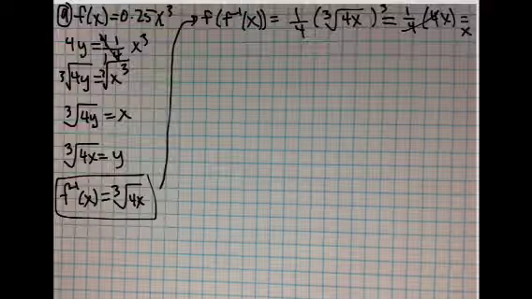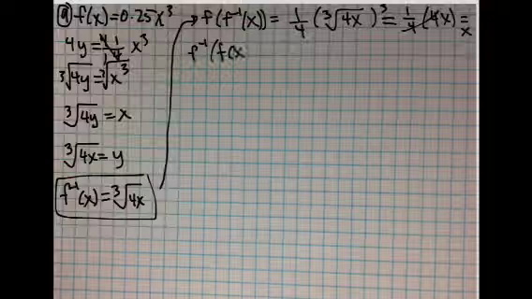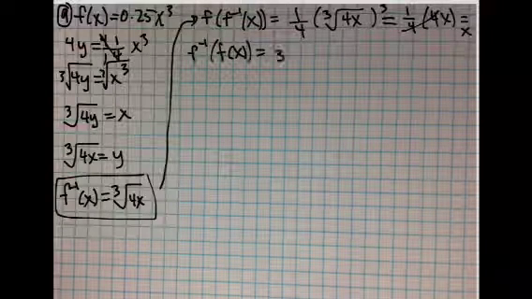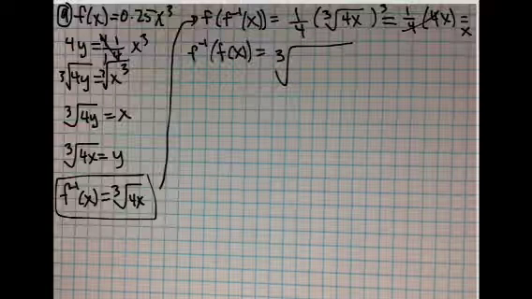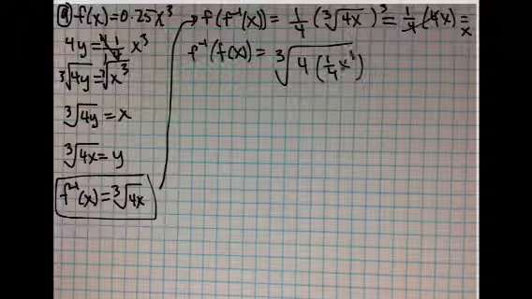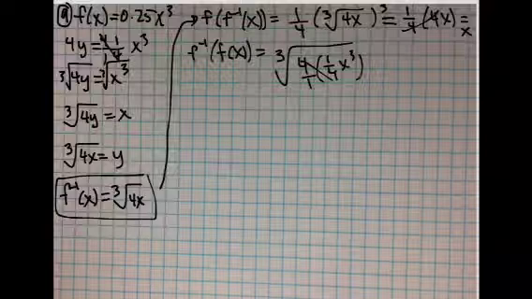Okay, so now I have to do the other direction. F inverse of f of x. I start off with the inverse function, and in the parentheses, I'm going to write the f of x function. So 1/4 x cubed. 4 times 1/4, remember 4 is 4 over 1, so 4 times 1/4 is 1.